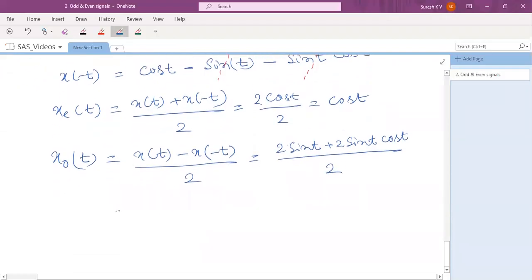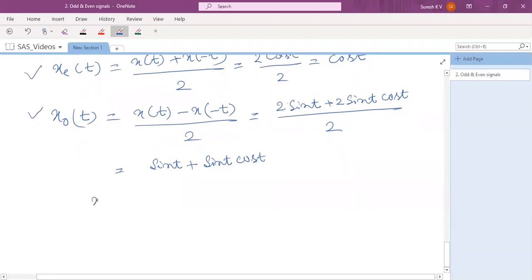So the odd portion is sin t plus sin t cos t. So you can see that if I add the odd portion with the even portion, I'll get back the original signal x of t. So x of t is xe of t plus xo of t. So this is how I can determine the even portion and the odd portion of a given signal.